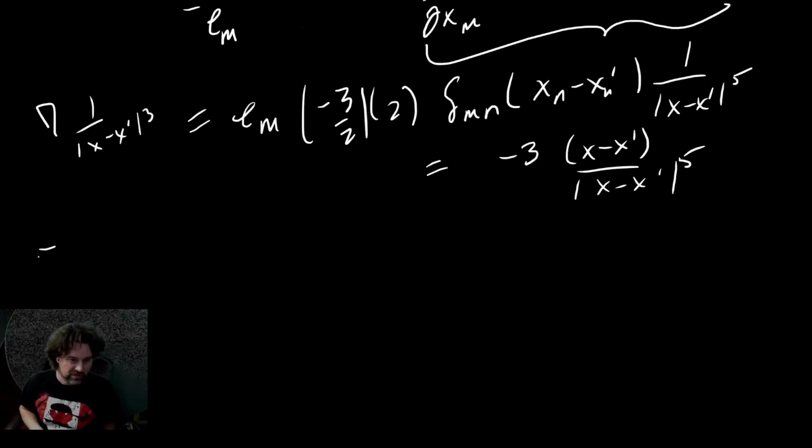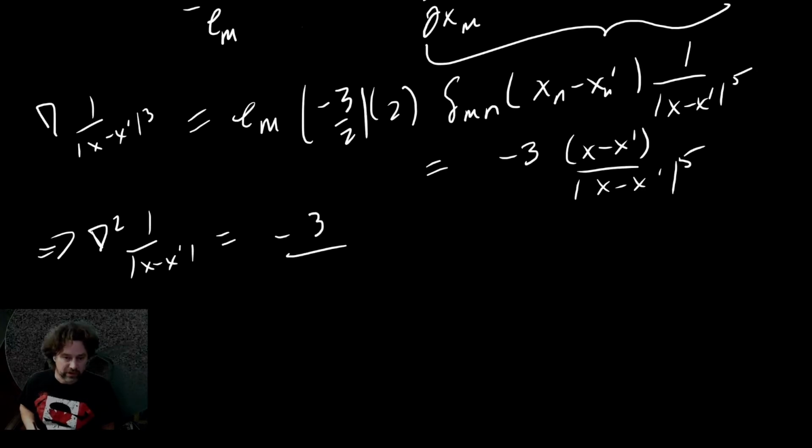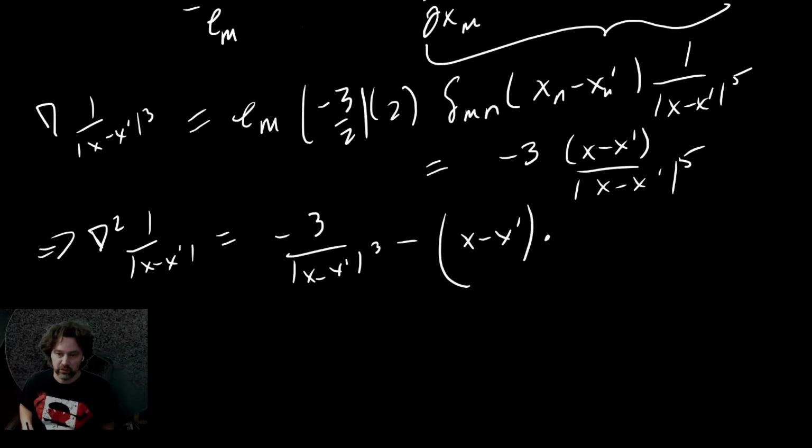So if we put all our pieces together, we have del squared of 1 over |x minus x prime| is minus 3 over |x minus x prime| cubed minus (x minus x prime) dotted with minus 3 (x minus x prime) over |x minus x prime| to the fifth.